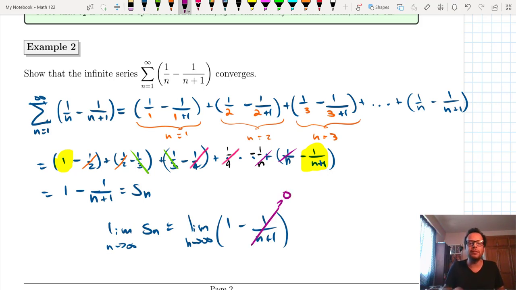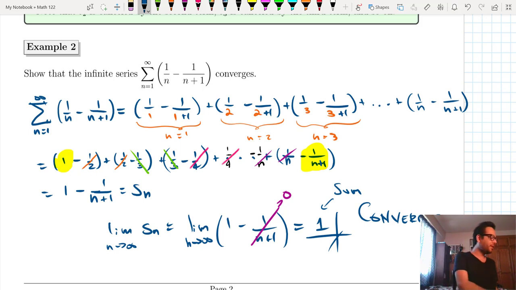The denominator is infinity, so this goes to 0. So thus the infinite series goes to 1. So the series converges, and this is the sum. Okay.